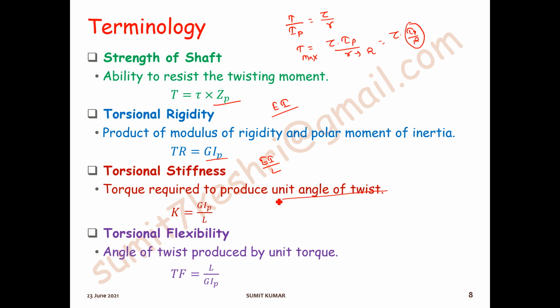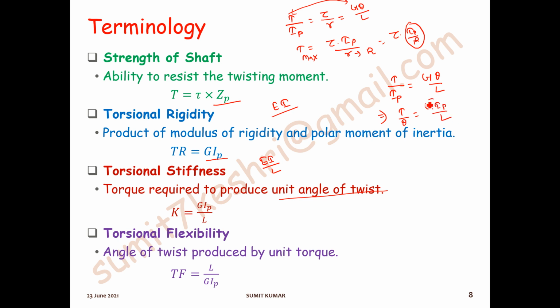Okay, so the very basic formula of the torsional equation is T by Ip equal to tau by R equal to G theta by L. From these terms, we can write T by Ip is equal to G theta by L. So can we write this equation as T by theta is equal to G into Ip by L?